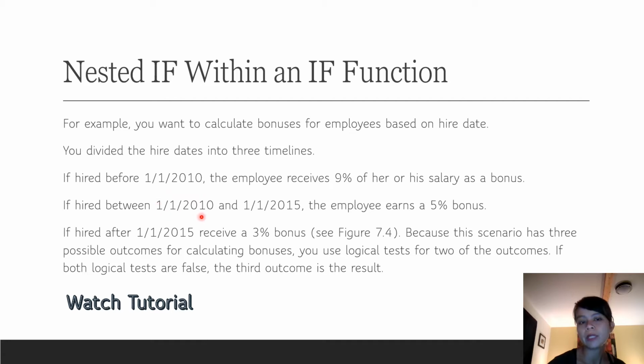If hired between 2010 and 2015, the employee earns 5%. If hired after 2015, then the employee receives 3%. Okay, so this scenario has 3 possible outcomes for calculating bonuses. So you use logical tests for 2 of the outcomes. If both the logical tests are false, then the third outcome is the result.